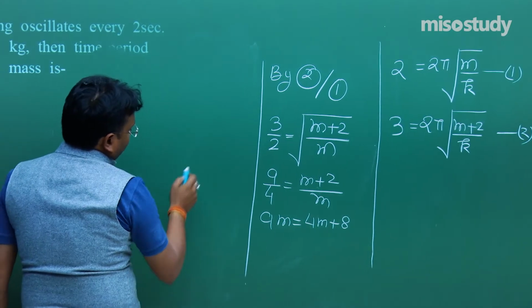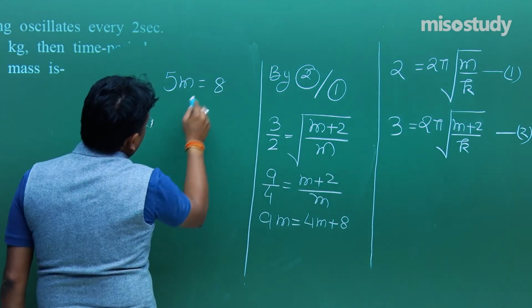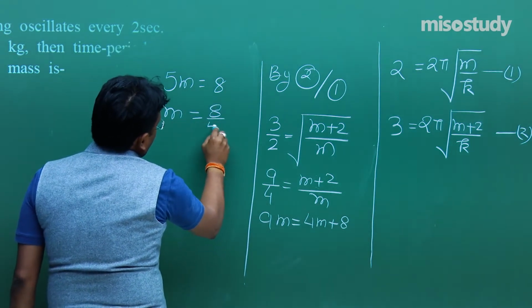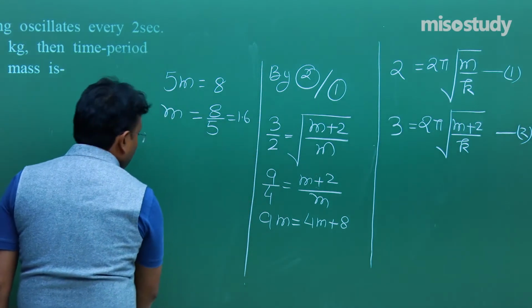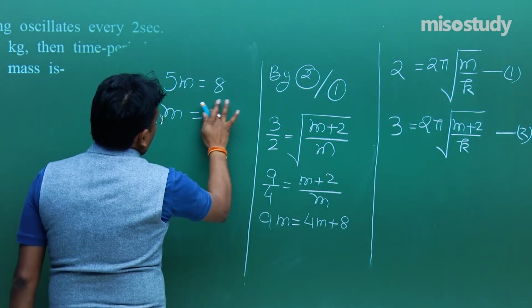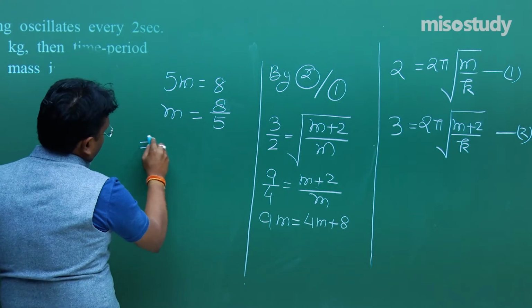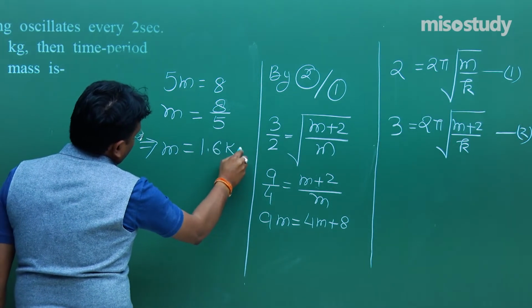It is 5m is equal to 8 and m is equal to 8 by 5 or 1.6 kg. Fine. Let us mark it: m is equal to 8 by 5 or 1.6 kg.